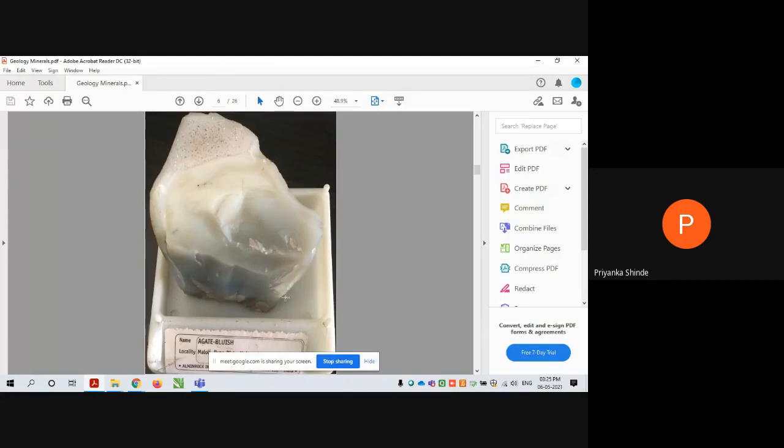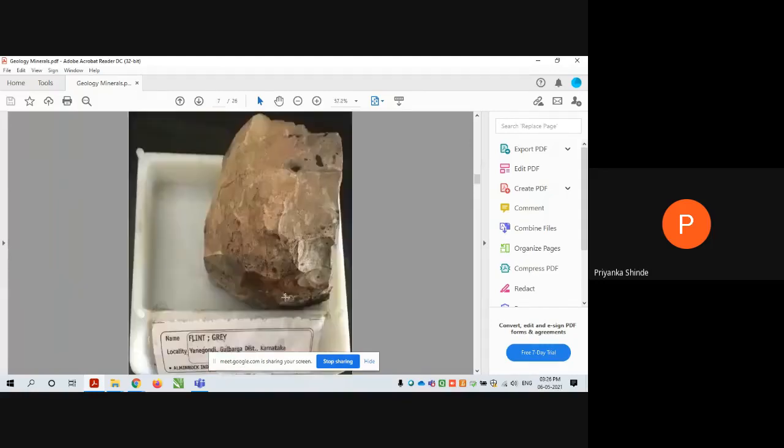If you see other photos of agate, you will see beautiful pictures which show banded structure. The speciality of this is its banded structure.